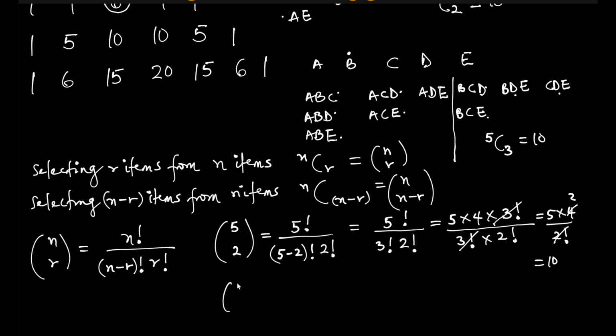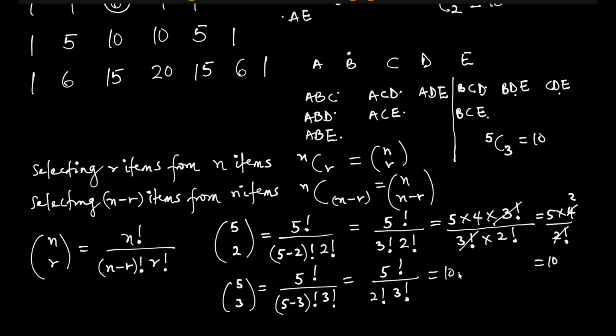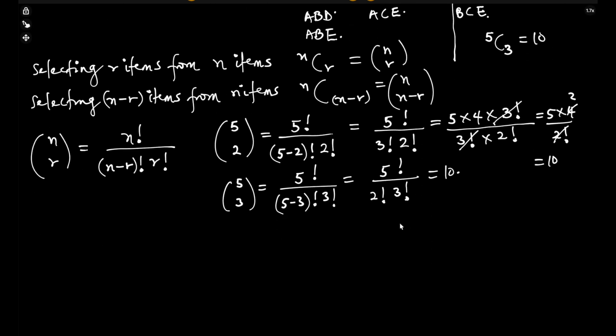So if we do the same for 5 combination 3, we'll be having 5 factorial divided by 5 minus 3 factorial, then 3 factorial, and that's 5 factorial over 2 factorial 3 factorial. From here you can see that they are actually the same, so that's going to be 10. So we can see that 5 combination 2 is equal to 5 combination 3.